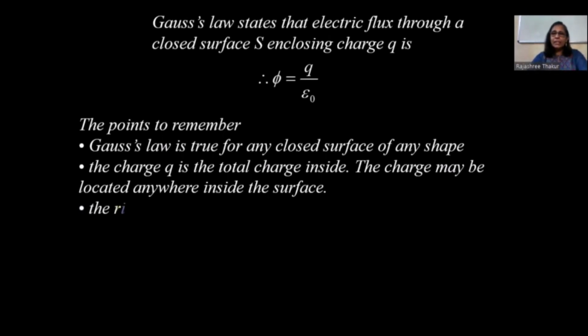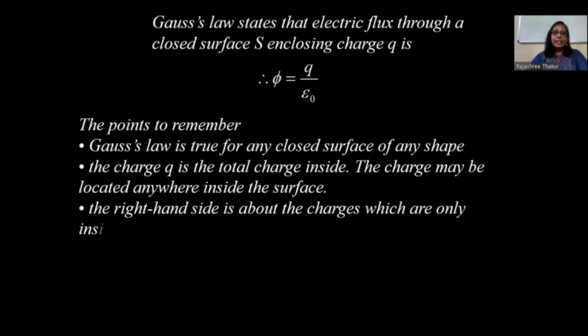Next, the right hand side, what I mean by right hand side is the right hand side of this equation. So what is it? Q upon epsilon 0. So this Q, the total charge, is the charge enclosed inside the surface. Any charge outside the enclosed surface does not contribute to this flux.